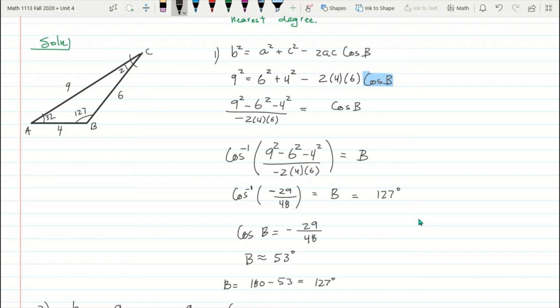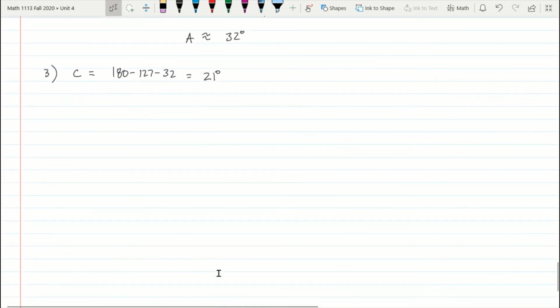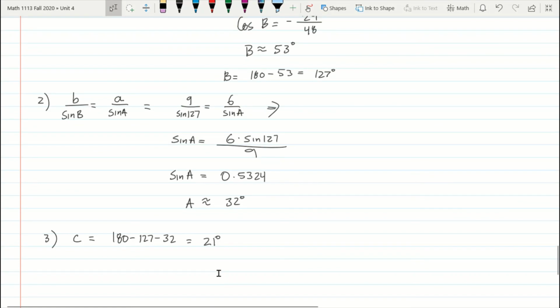So we have solved the triangle pretty much. We have all three lengths and all three angles inside of it. And that leaves us with the end of unit 6.2, which is solving triangles using the law of cosines.